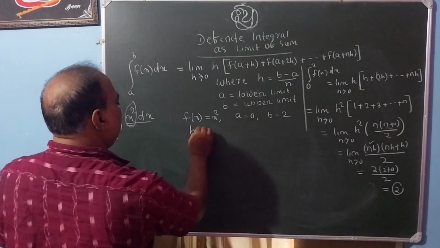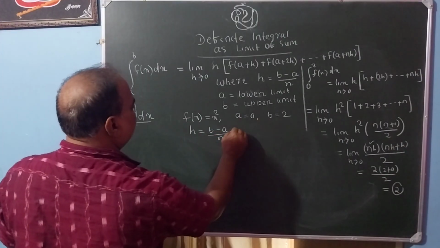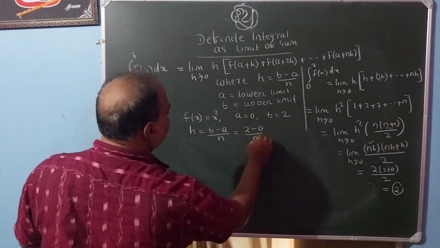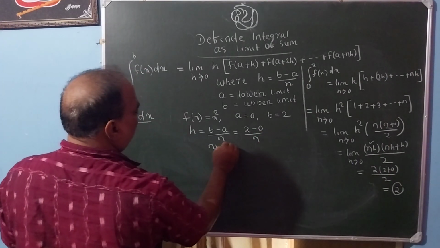So h is equal to (b minus a) by n, that is (2 minus 0) by n. So nh is equal to 2.